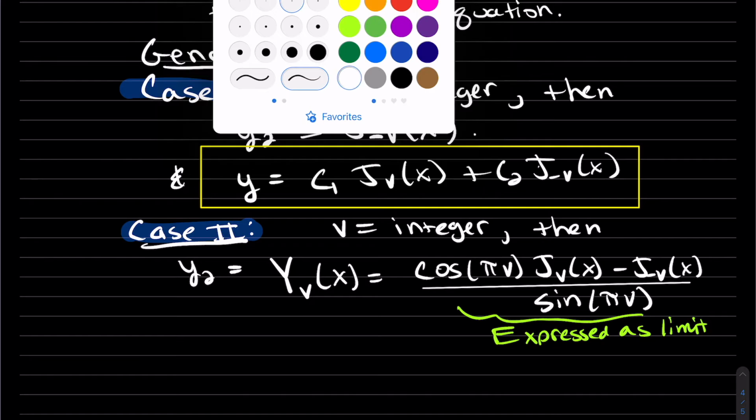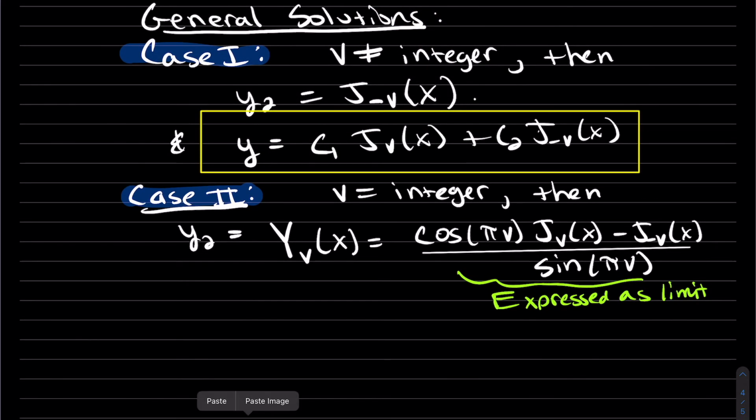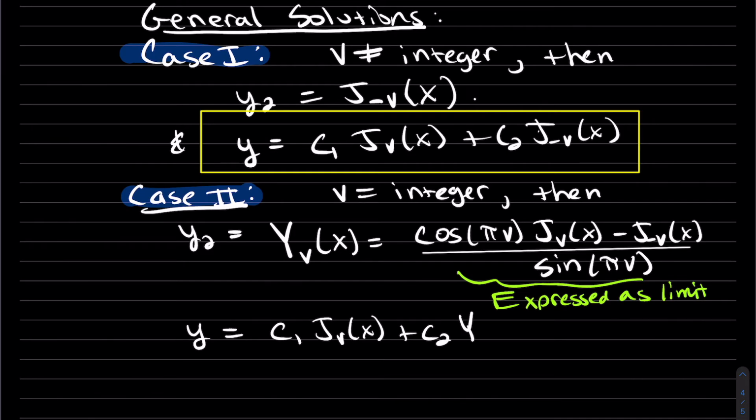And our general solution y is c1 jv of x plus c2 y v of x.